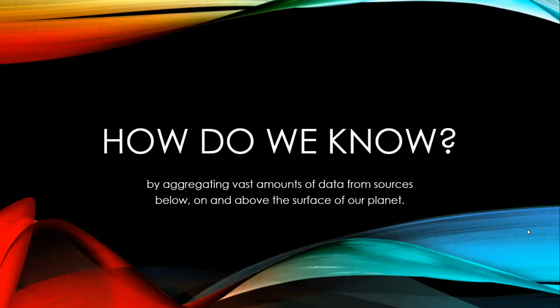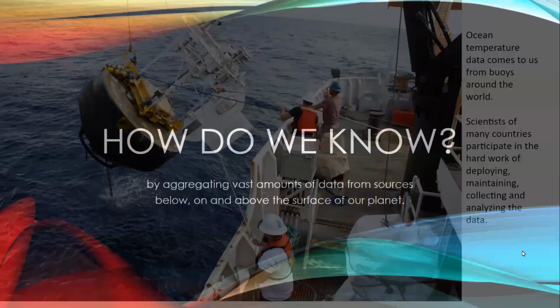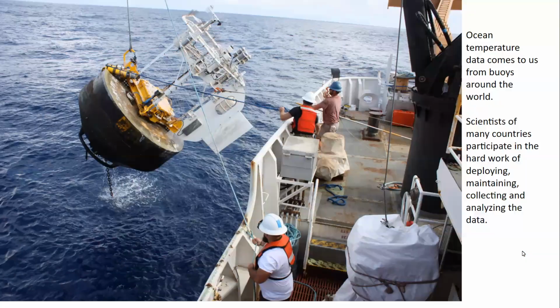How do we know? By aggregating vast amounts of data from sources below, on, and above the surface of our planet. Ocean temperature data comes to us from buoys deployed around the world. Scientists of many countries participate in the hard work of deploying these, maintaining, collecting, and analyzing the data.